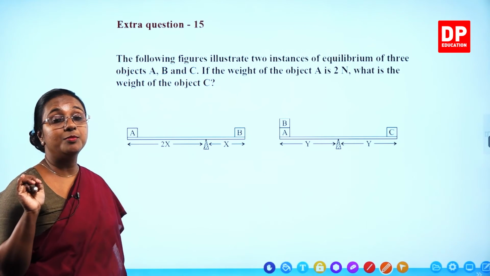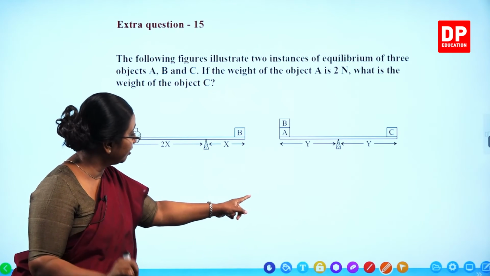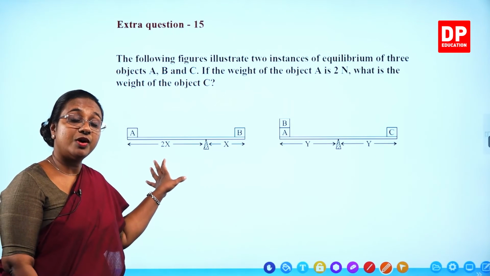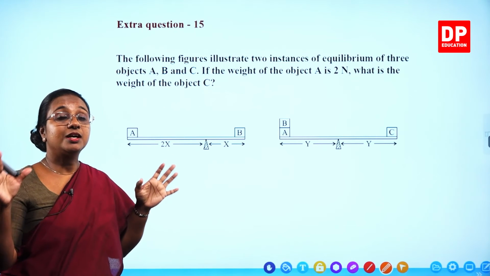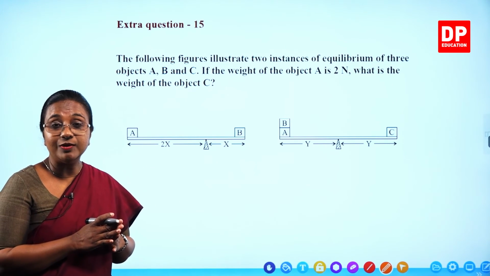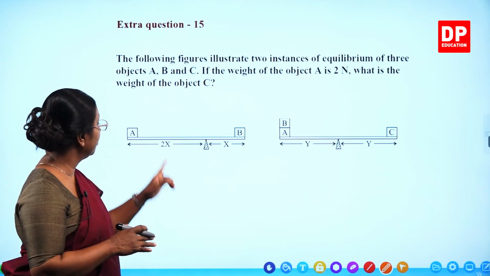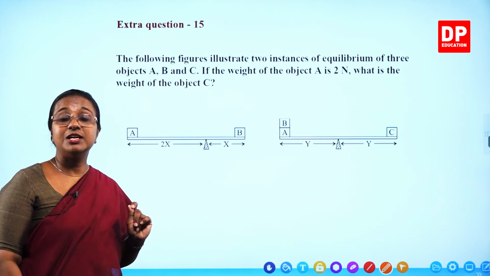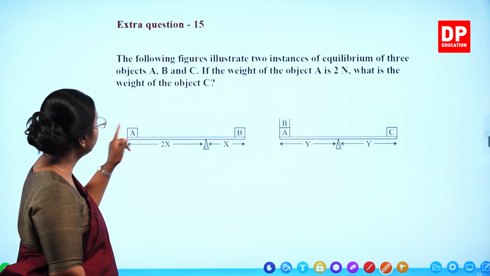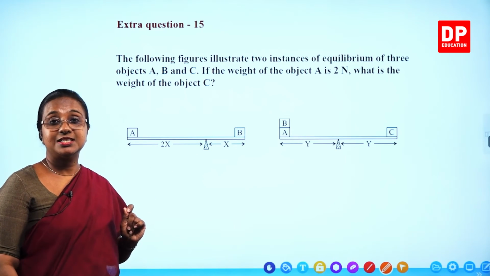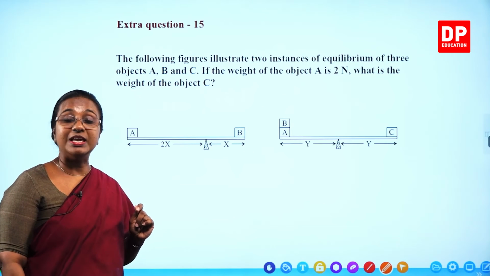You are familiar with the moment. This side will be clockwise moment. This side will be anti-clockwise moment. So for equilibrium to happen, the clockwise moment has to be equal to anti-clockwise moment. And also you all know, when the perpendicular distance increases, the force has to be less. So when the perpendicular distance is less, the force has to be high.